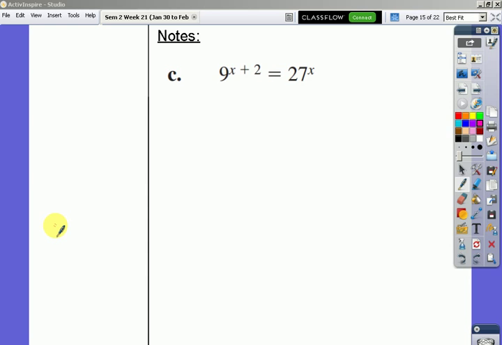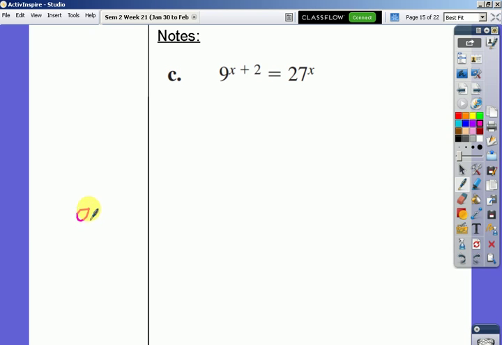So for C, we have a bit of a problem. What's the problem? Well, the bases aren't alike. The last one, we looked at only changing one side. So, yeah, we have unlike bases, but last time we only looked at changing one side, right? Well, if you look at 9 and 27, there's no way that you can express 27 as a base 9, right?